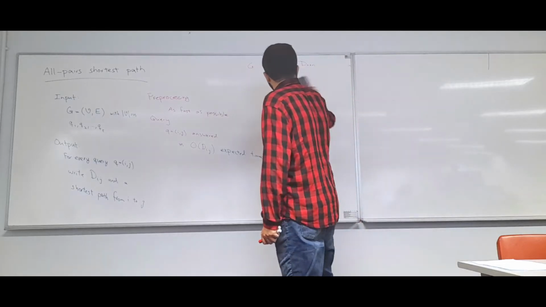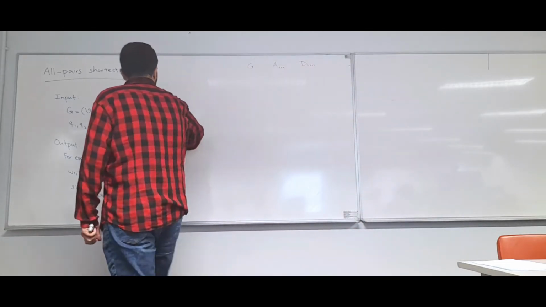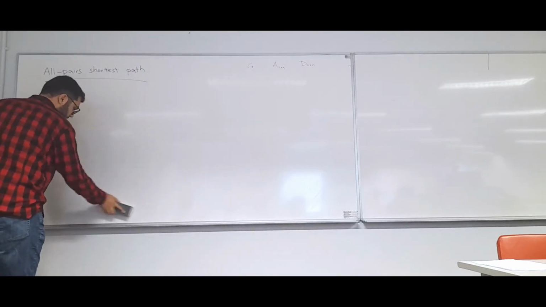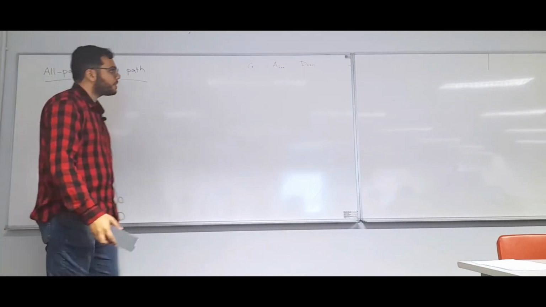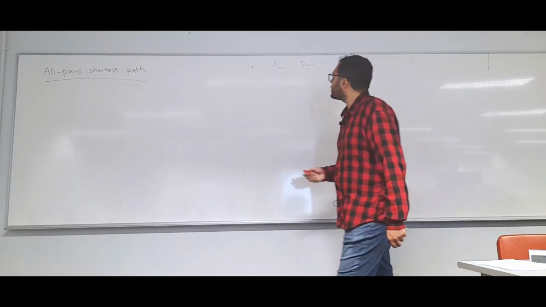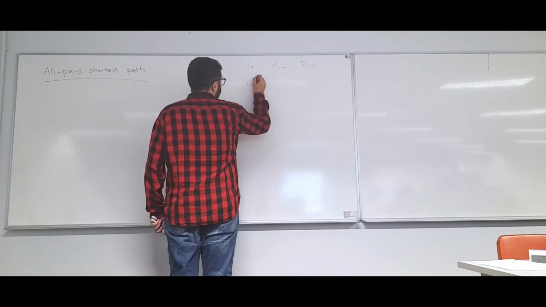Now, let me erase this. How do we apply our skip list idea? So I want to create another graph. Let's call it G2. So I write it like this.